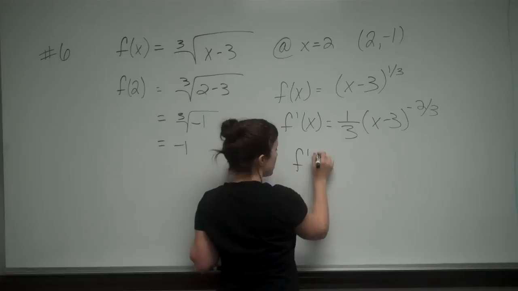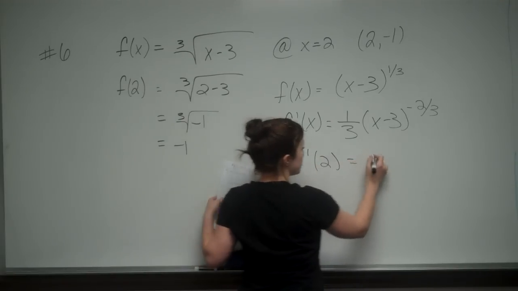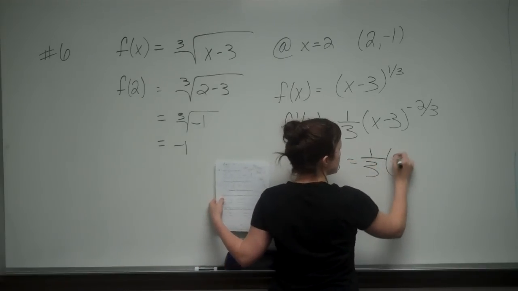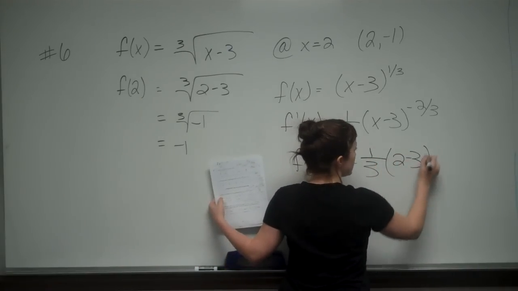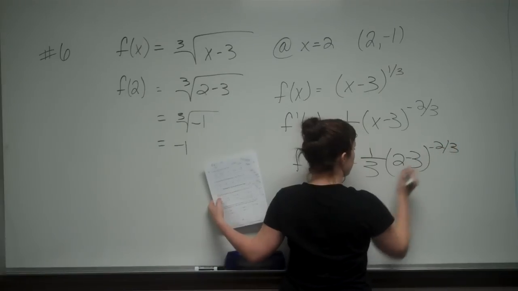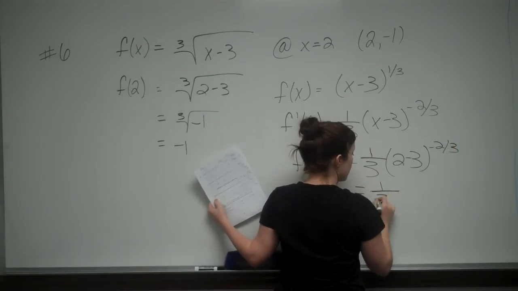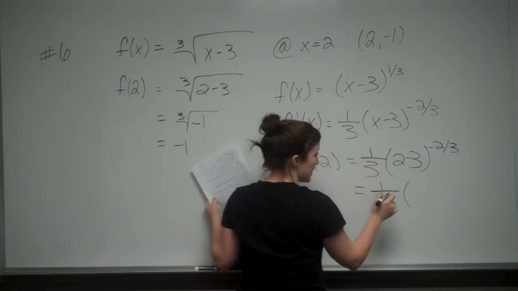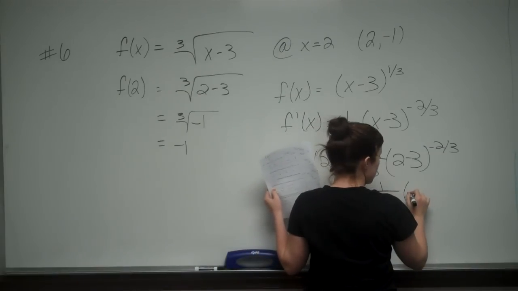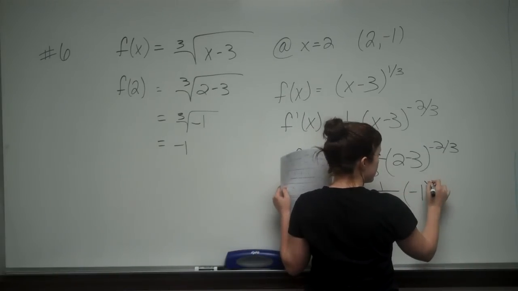I need to find what that slope is at x equals 2. So f prime of 2 is equal to 1/3 times 2 minus 3 to the negative 2/3 power, which is 1/3 times negative 1 to the negative 2/3 power.